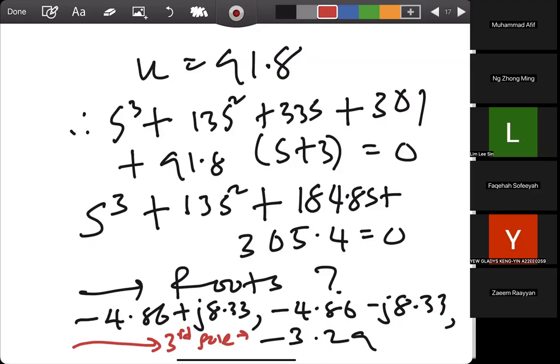Not same. Why not same? This one, s cubed plus 13s squared plus 184.8s plus 305. Okay, you check again, and then verify.